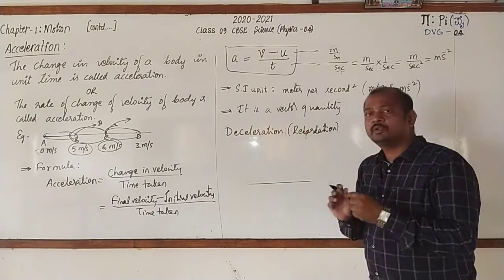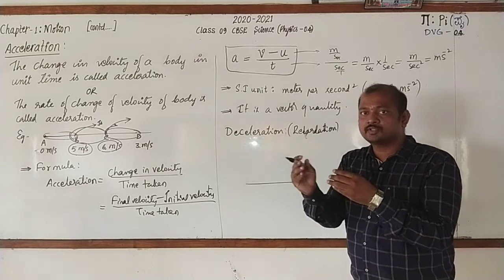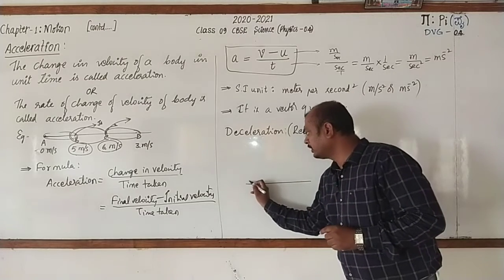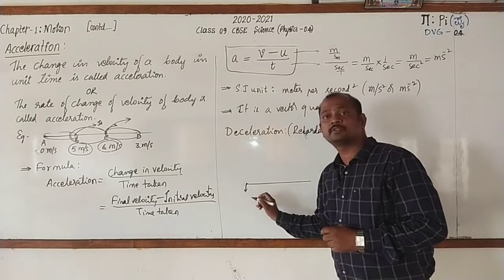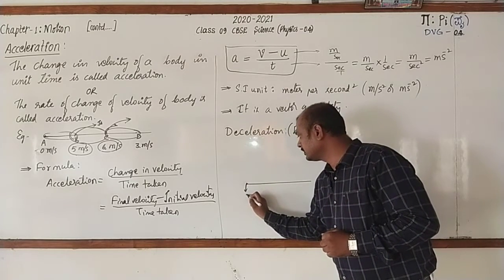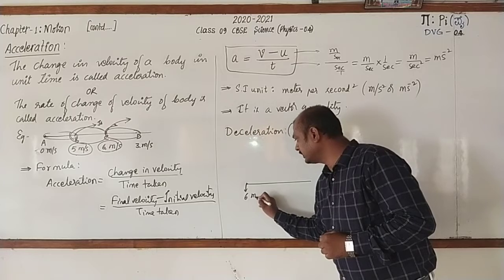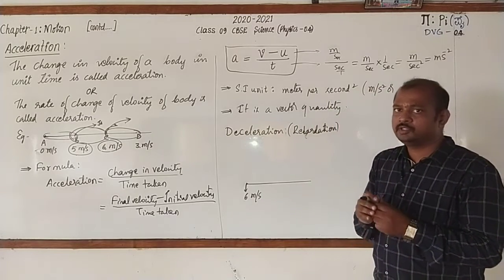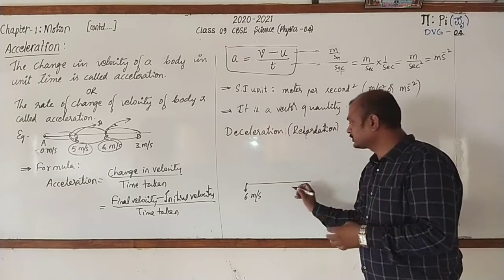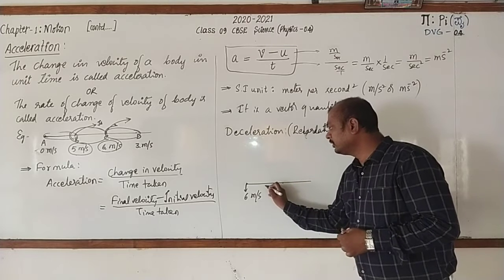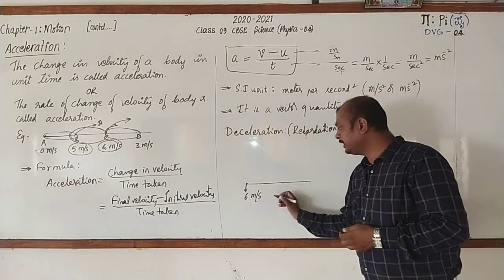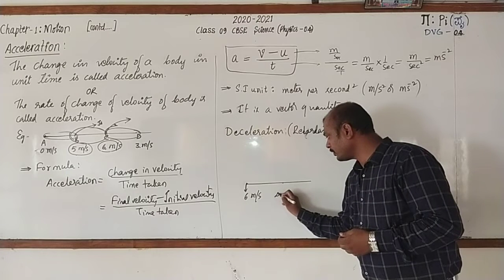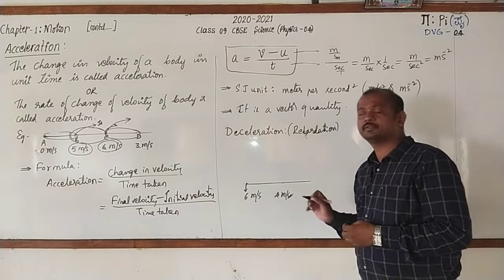Here you are reaching your school by bicycle. Now you are riding the bicycle at this point with a speed of 6 meters per second. You are approaching your school. Then within 1 or 2 seconds only, you decrease your speed by 4 meters per second.